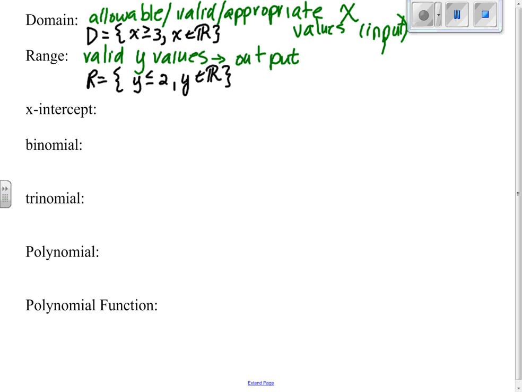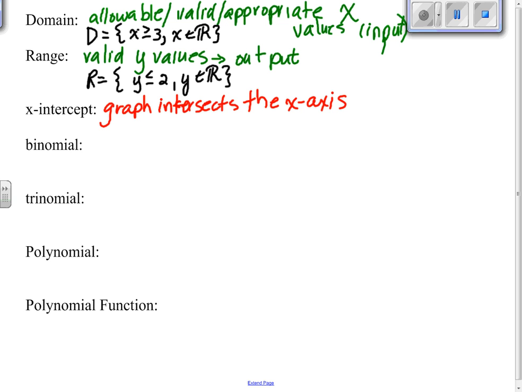X-intercept is where the function or the graph intersects the x-axis. And a few other definitions for us. Binomial actually means two names.